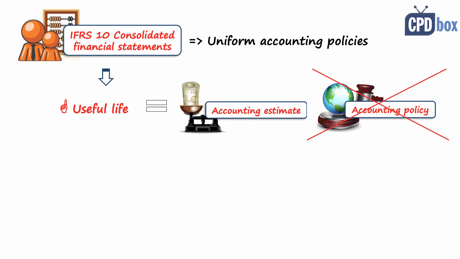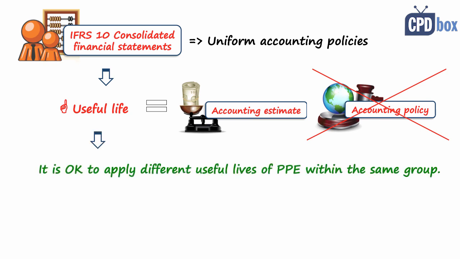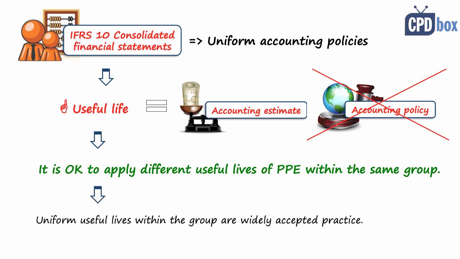So it's okay to apply different accounting estimates based on the specifics of that company. Well, yes, but in practice, it is very common that a parent prescribes the useful lives of all assets within the group, and although it might not fully reflect the reality, it is okay and widely accepted practice.